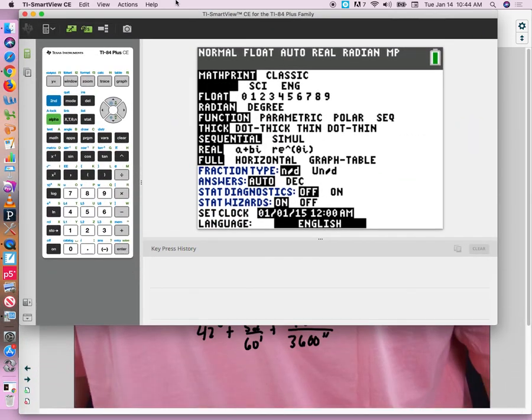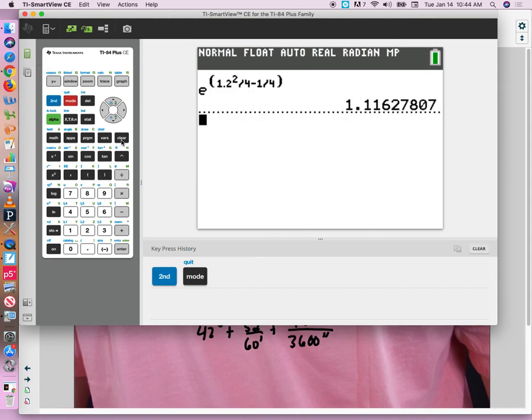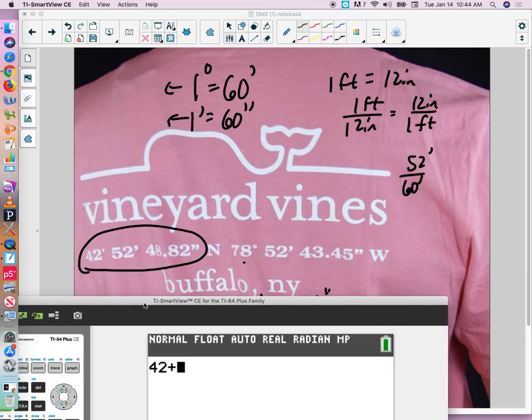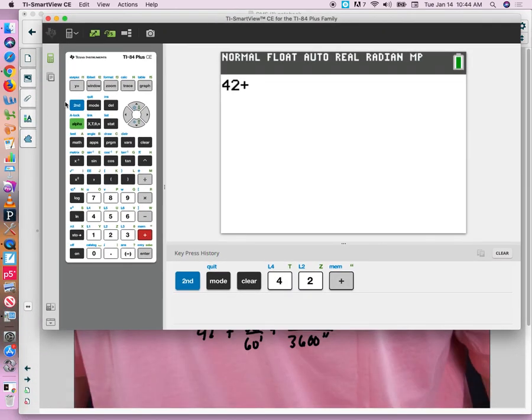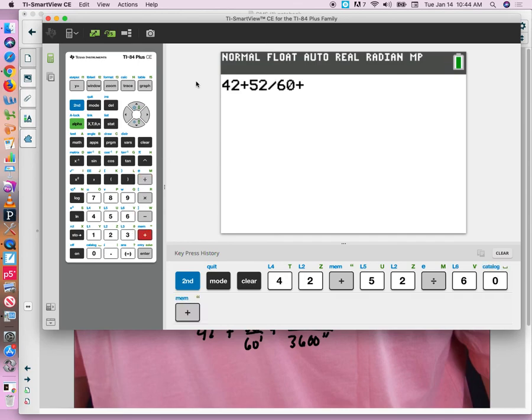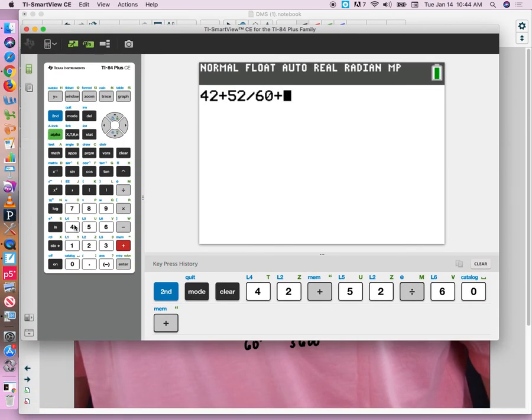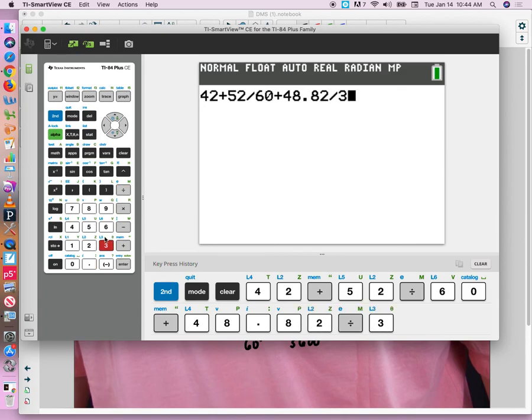I'm going to be typing in on my home screen 42 plus, I have 52 minutes, so that's 52 out of a possible 60, plus 48.82. Order of operation will take care of it.